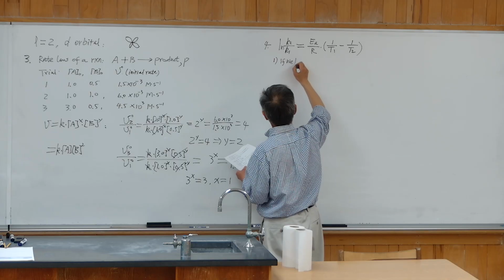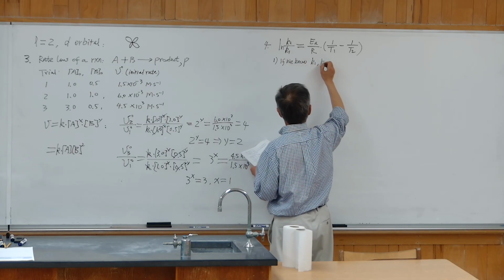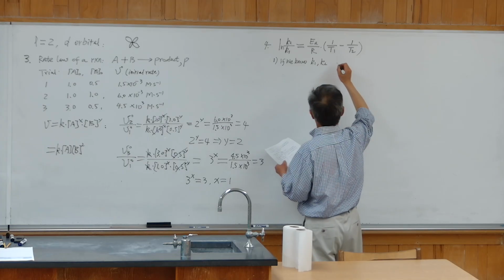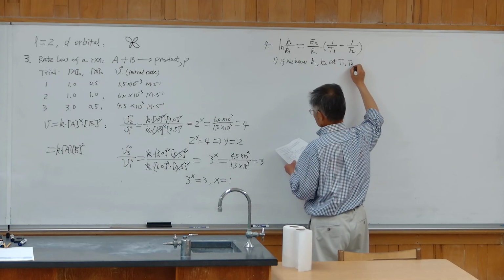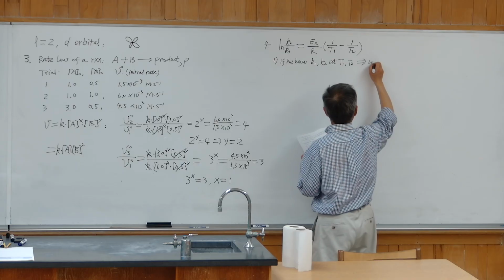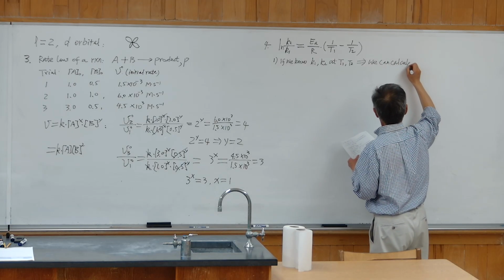So from this equation, we could have 2 different problem solving. If we know K1, K2 at 2 different temperatures, T1 and T2, we can calculate activation energy Ea.